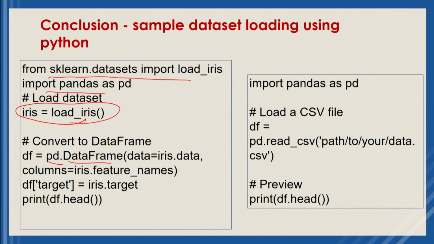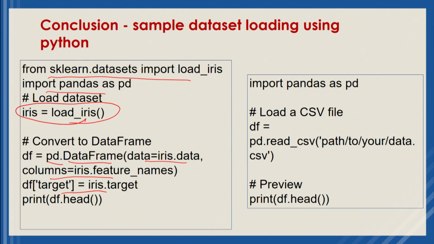We have to provide some initial set of parameters whereby you are mentioning the iris data, you are taking the features from the iris data set and you are defining the target element as iris.target. So, these are the fields we are taking. Now, df.head means the first 5 lines of that particular data set get printed over here.